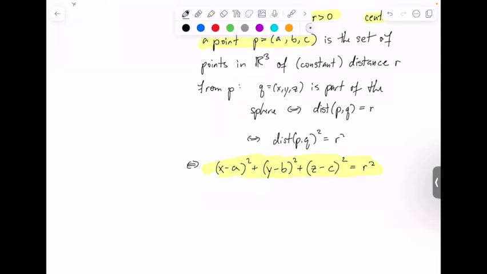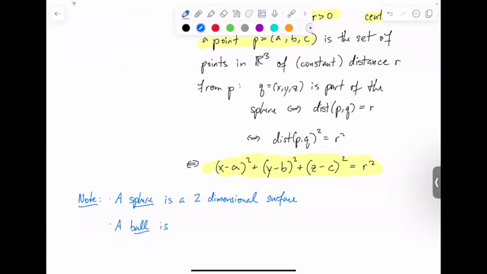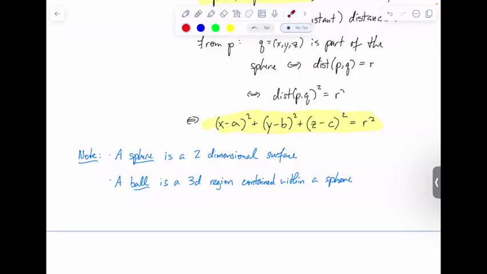Note terminology. A sphere is a two-dimensional surface. A ball is a 3D region contained within a sphere. So just think a ball is a bowling ball, a sphere is like a basketball, for example. So that's what we have, strict equality here.